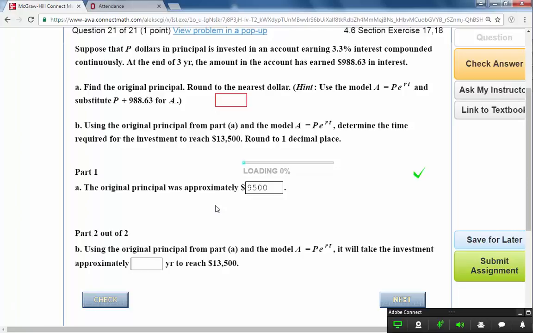Alright, now what are we doing in part 2? Now you know the initial principal, right? You have invested $9,500 in this account 3 years before. We're just asking how many years you need to wait to make it 13 and a half grand.